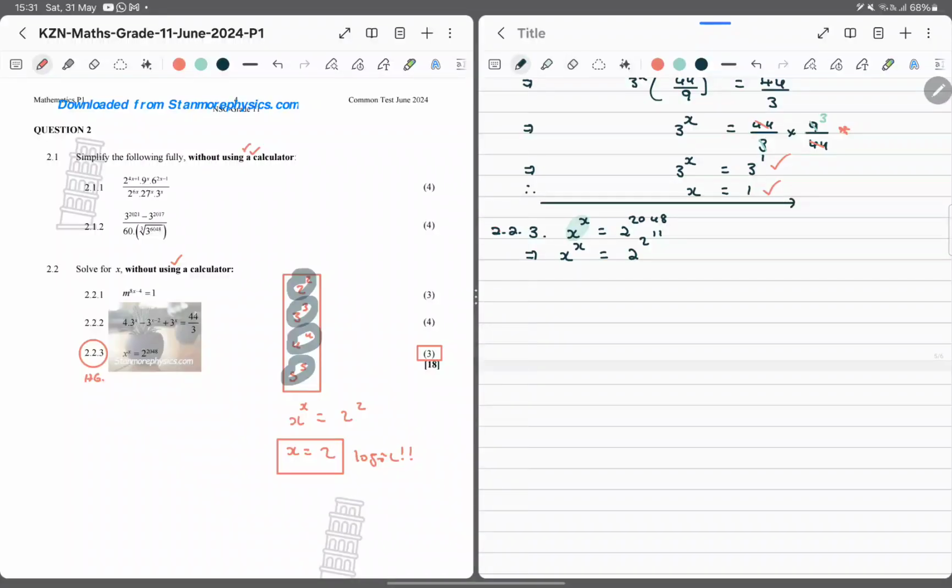Okay, maybe let's leave it, because we can split this into powers of base 2, and those powers we can simplify so that we can get something down here. In fact, let's just not waste our time. This is quite a big number.